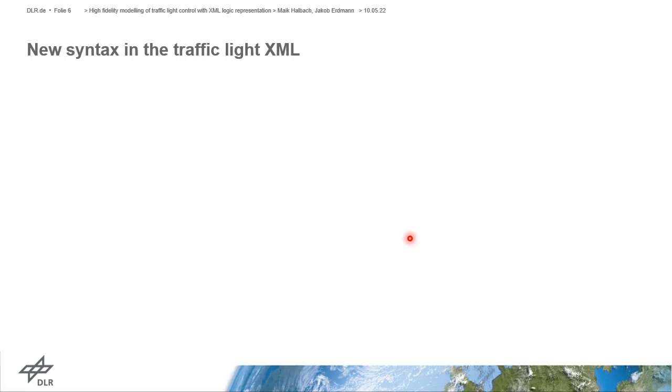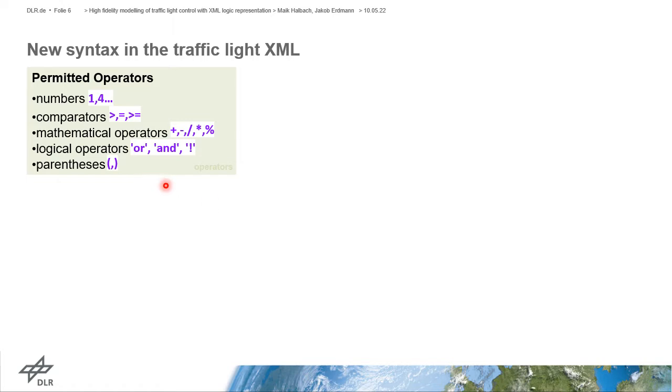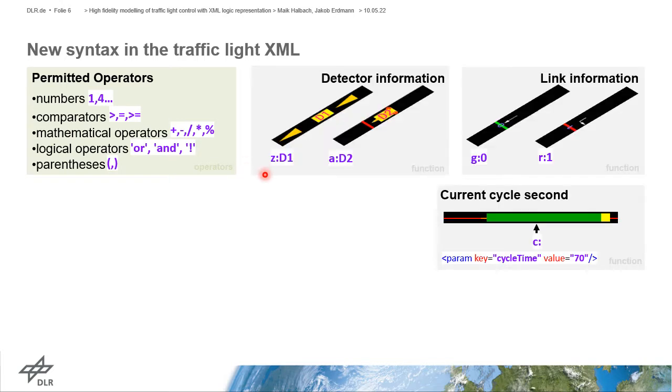Now I want to show you something about the new syntax which is now available in the XML file. First, operators can be used, so comparators or mathematical operators, like in every normal programming language. Additional features are predefined functions. These functions can be used to get information about infrastructure elements.